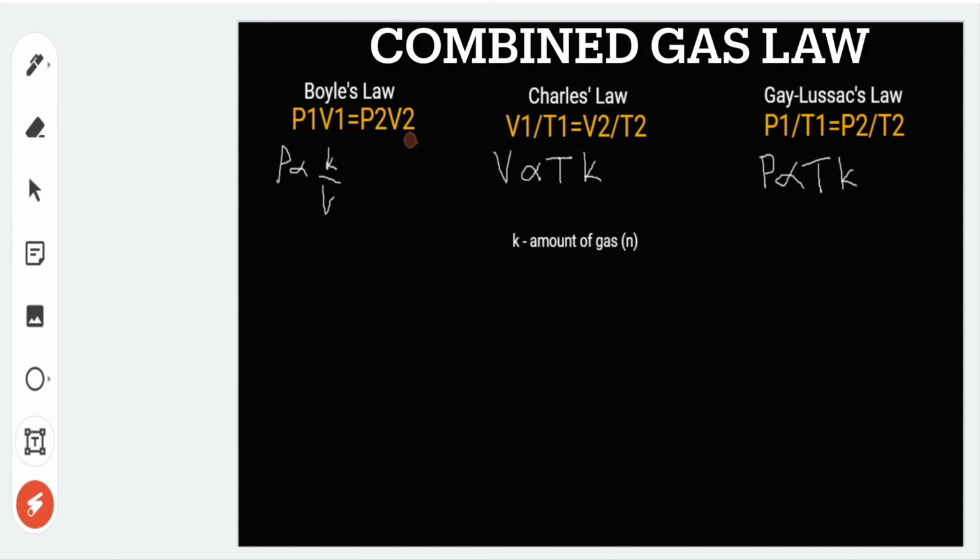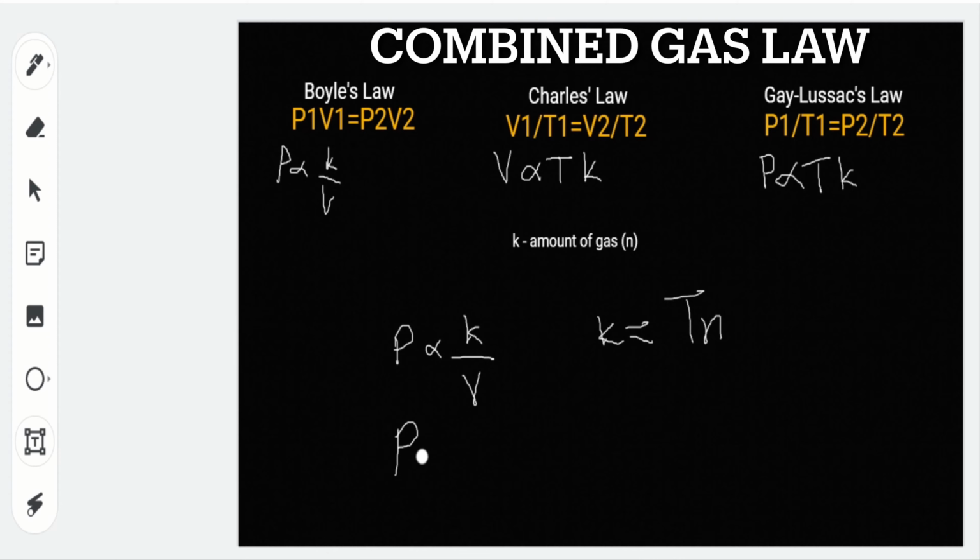Let's use this Boyle's law equation to derive the combined gas law equation. Pressure is directly proportional to a constant K over volume. In Boyle's law, the K constant is of course temperature and amount of gas, so we can replace it here.